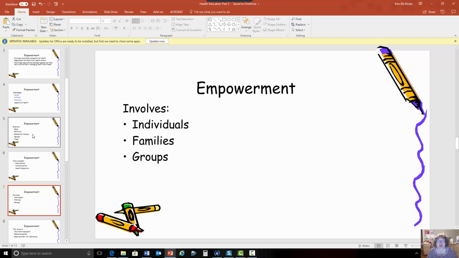When we are working with empowerment, we want to empower our individuals, we want to empower their families, and we want to empower groups. Remember, this is community and public health, and our focus is on populations. So we might best help people by going where groups of people congregate. For example, I've done a lot of diabetes education at senior centers.